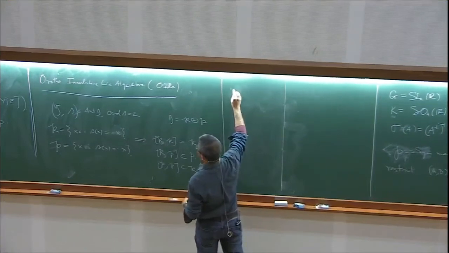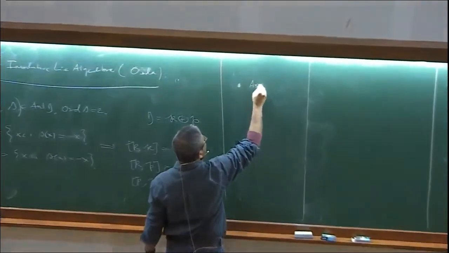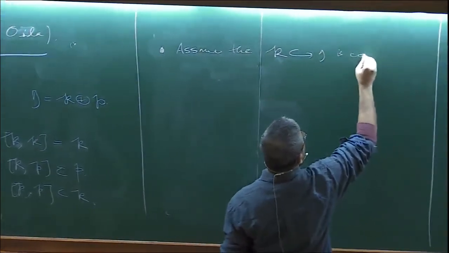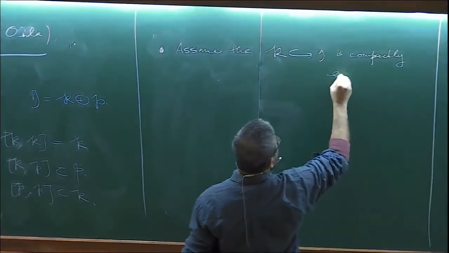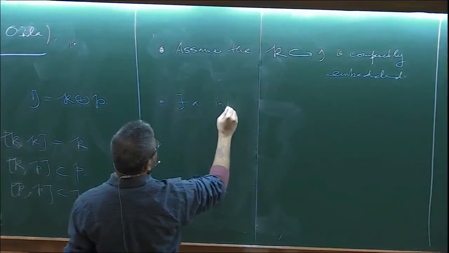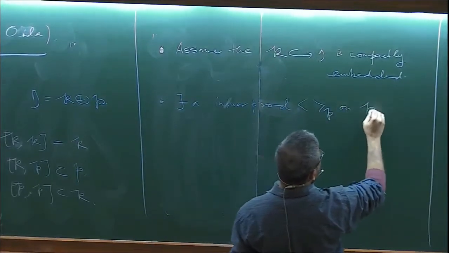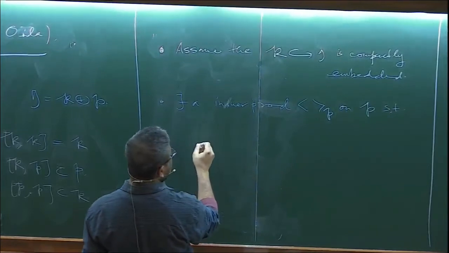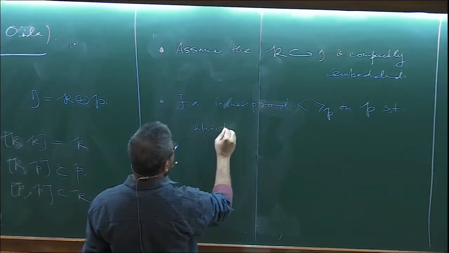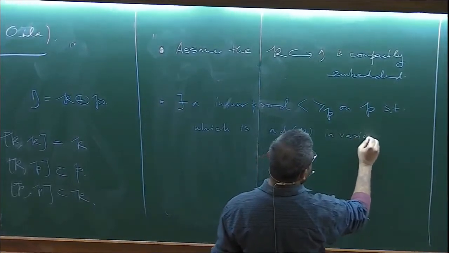In addition to this information, assume that K in g is compactly embedded, and there is an inner product on P that is infinitesimally ad K invariant.